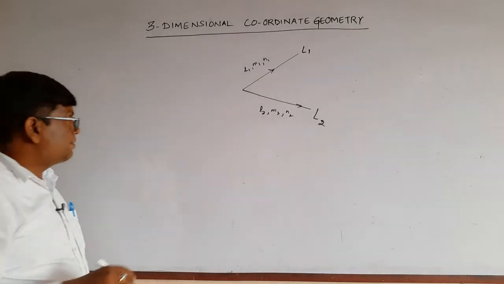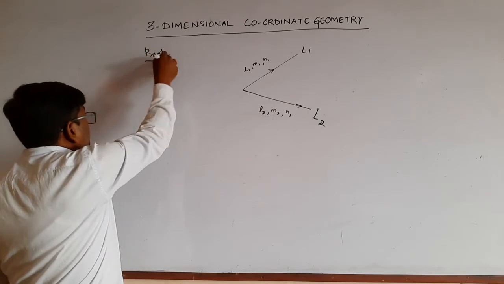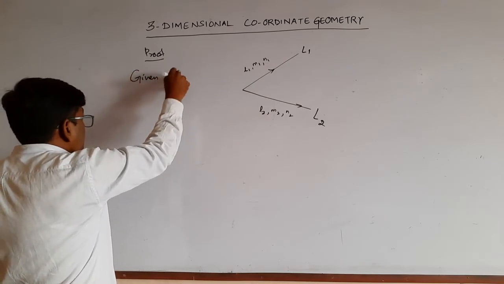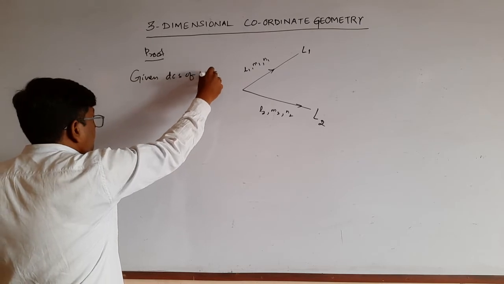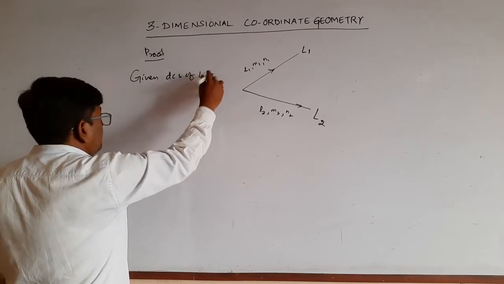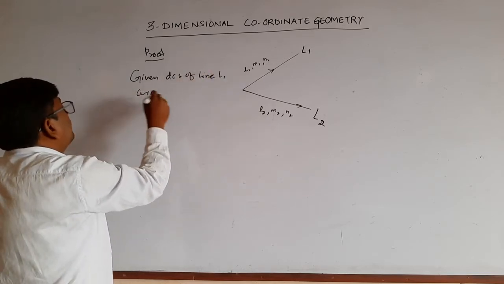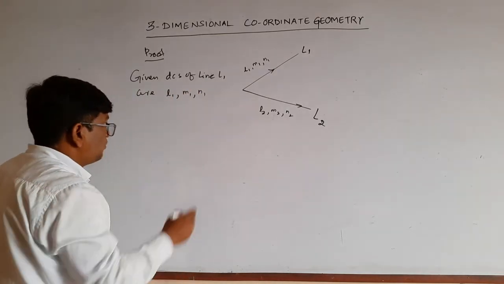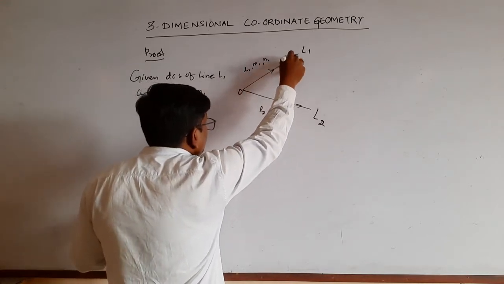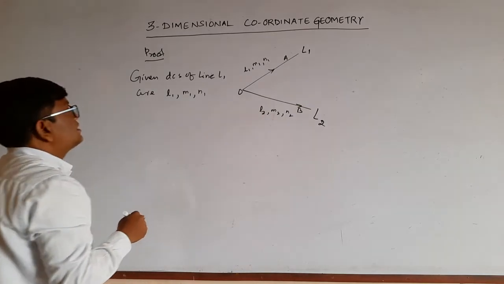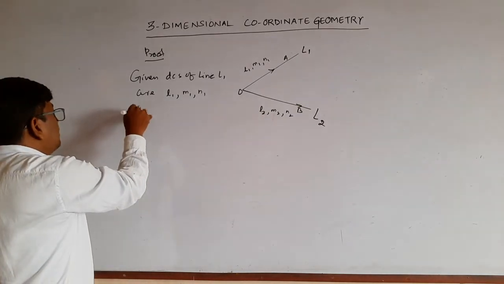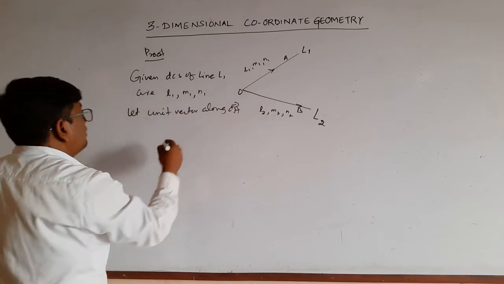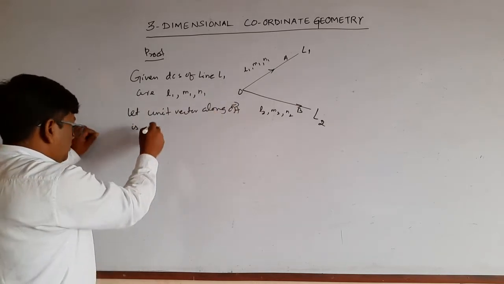We will do the proof by the vector method. Given the DCs of line 1 are L1, M1, N1. Suppose this is O, this is A and this is B. Let the unit vector along OA be A cap. A unit vector has coefficients of i, j, k that are the direction cosines. Note that if it is a unit vector, the coefficients of i, j, k are the DCs.